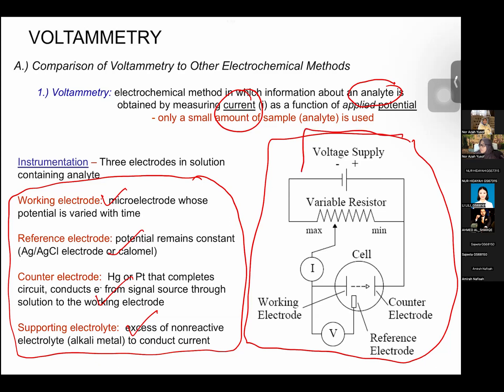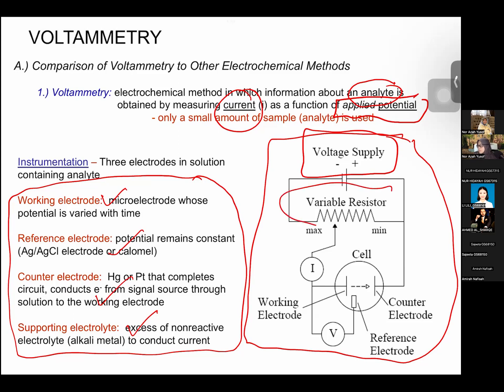You need what we call a potentiostat. The potentiostat is the one that gives the system potential, applying potential. We can set whether we want minus 0.1, minus 1, minus 1.5, or positive 0.1 and so on. So we can set the voltage to be supplied to the system.